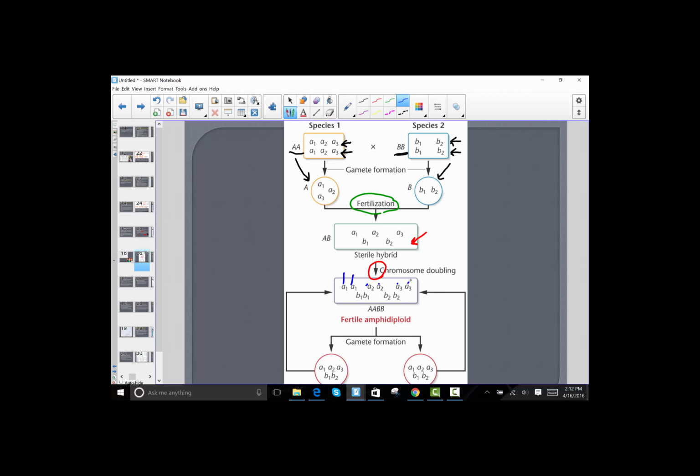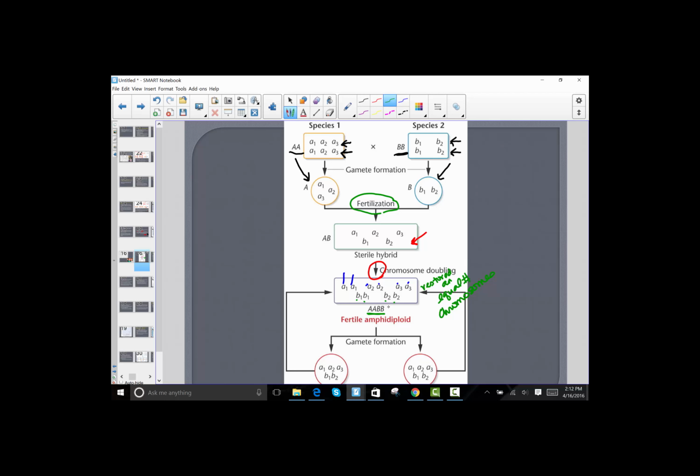Okay? But notice at the same time that we also now have 2 copies of chromosome B1 and 2 copies of chromosome B2. So now what happened here is that we have restored an equal number of chromosomes, and we now have a diploid number of each chromosome set.